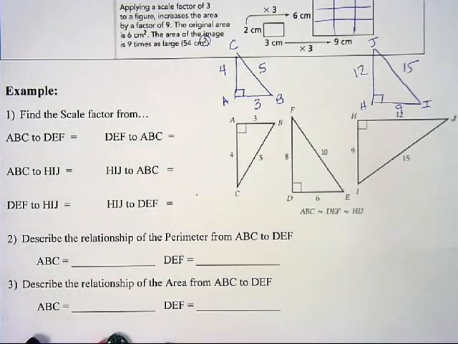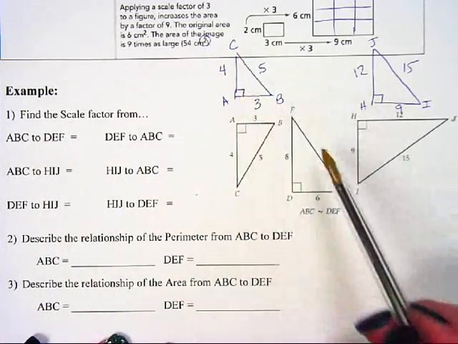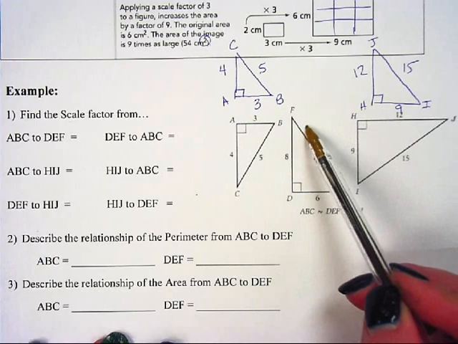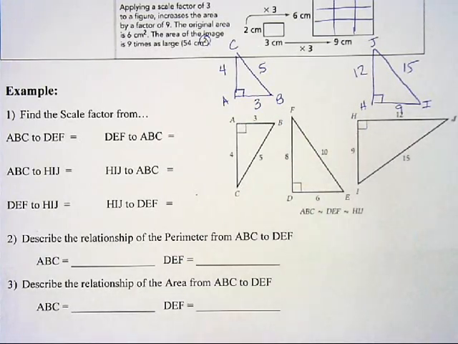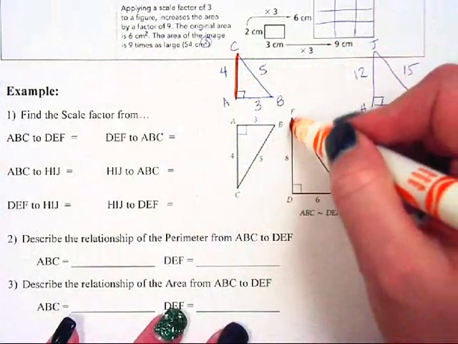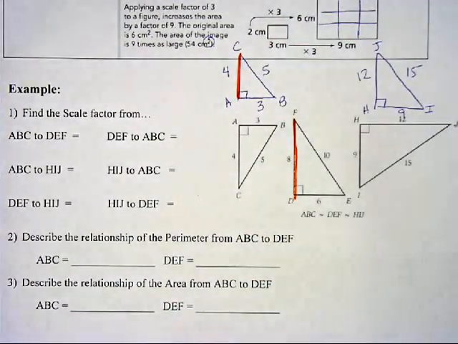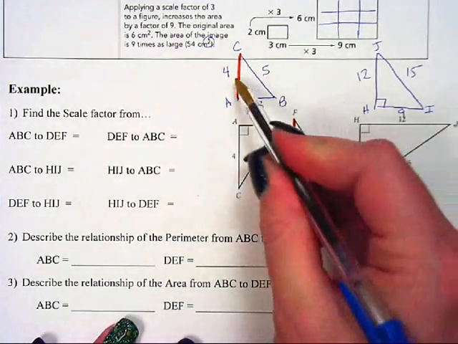Okay, so my scale factor from ABC, this triangle right here, to DEF, I'm noticing it's getting larger. I want to find two corresponding sides that match up. So let's say D to F and A to C. Those are corresponding sides. My scale factor is the image over the original.